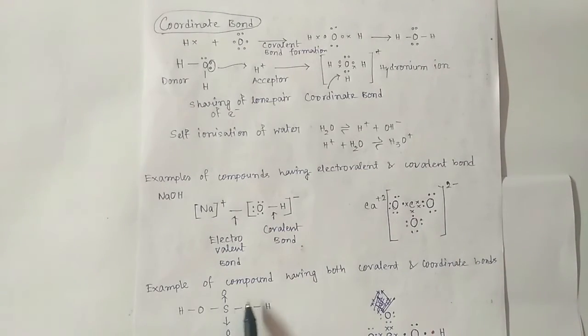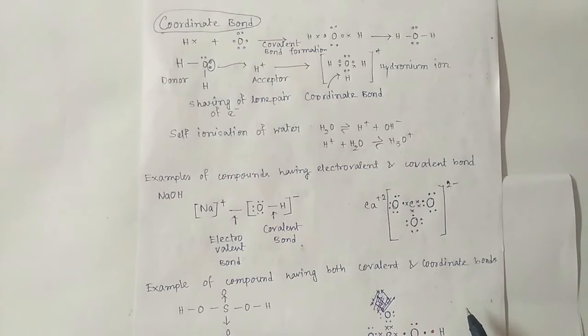Similarly, an example of compound having both covalent and coordinate bond is sulfuric acid, where there are 2 covalent bonds between sulfur and oxygen, and there are 2 coordinate covalent bonds with 2 oxygen atoms of sulfur. What happens, how it happens, I will make another video of it. Now how this kind of bonds are formed between those molecules, I will tell you in another video.